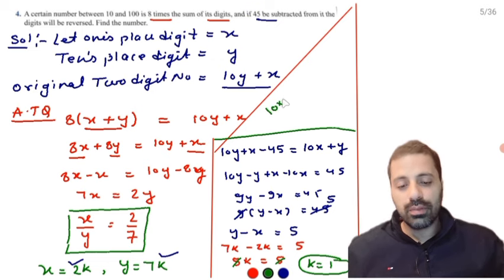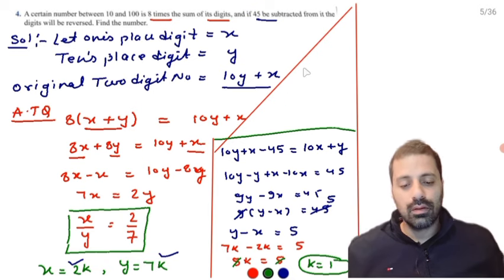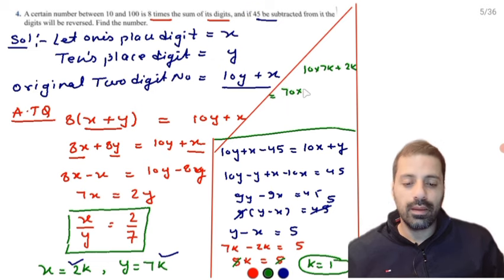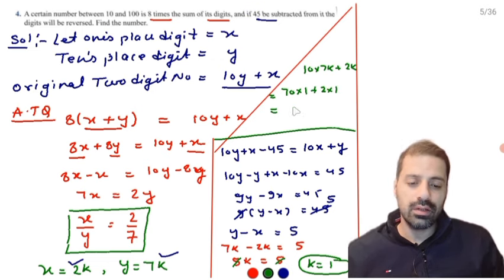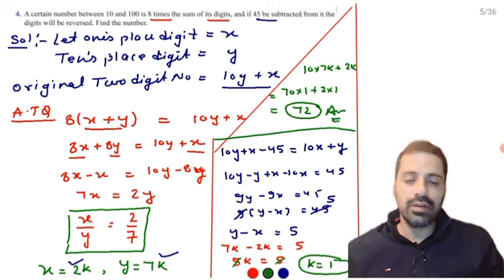So the 2-digit number is 10 into 7k plus 2k. Now we have 70 into 1 because the value of k is 1, and 2 multiplied by 1, so we have 72 as the answer. So the original number is 72.